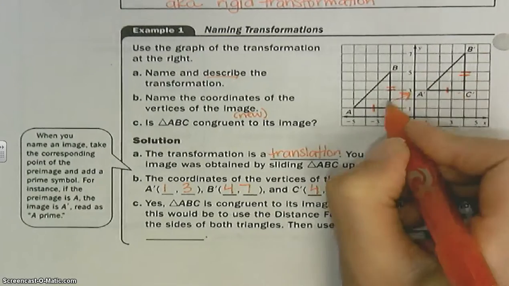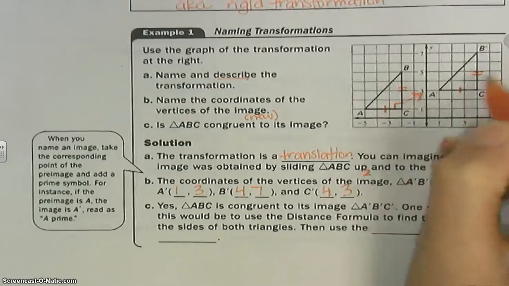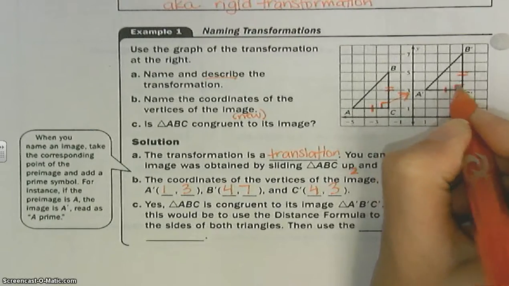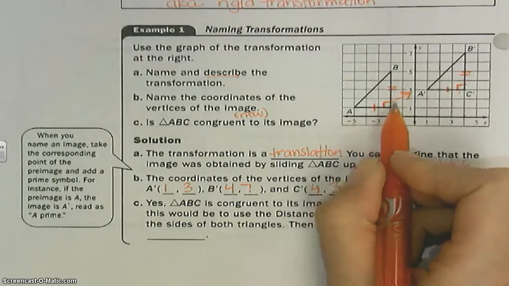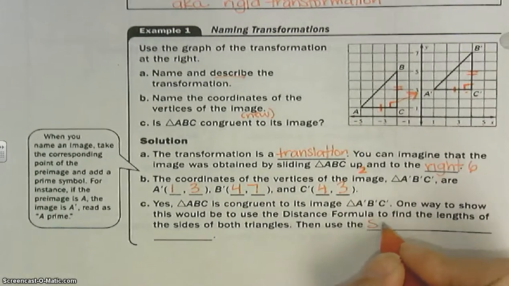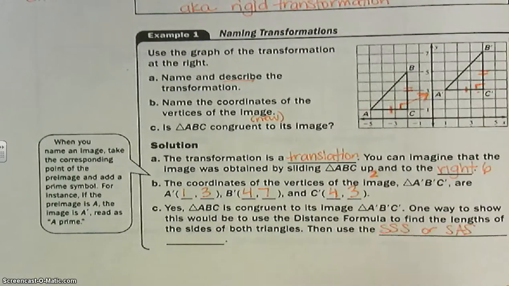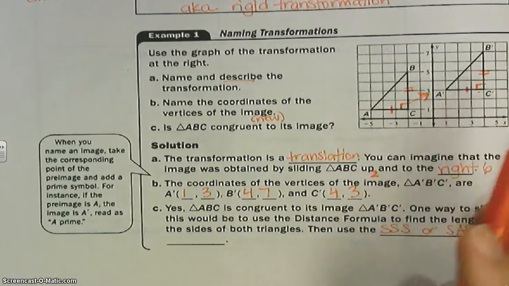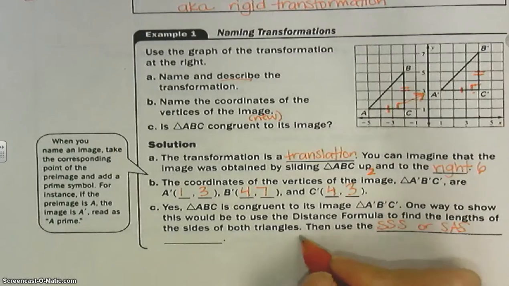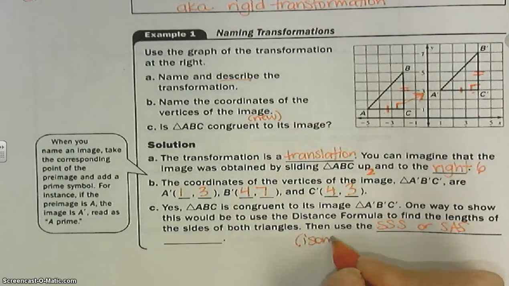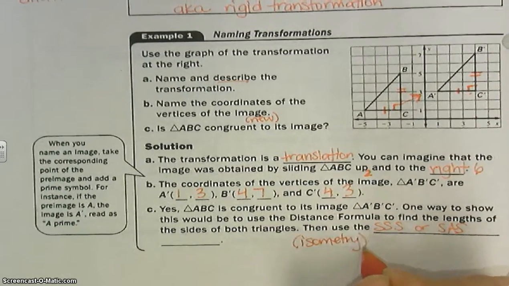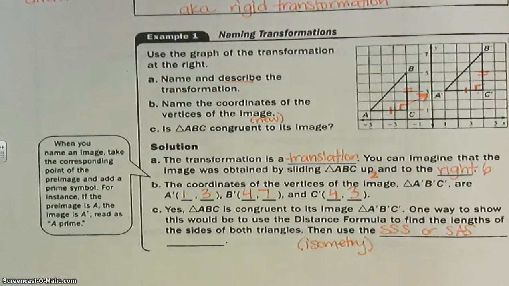And then we could use SSS. Or we know these are right angles because they're horizontal and vertical lines. Now I can use side angle side. So SSS or side angle side to show that these are congruent. So this is an isometry because it preserved the lengths, because these were congruent. It stayed the same.